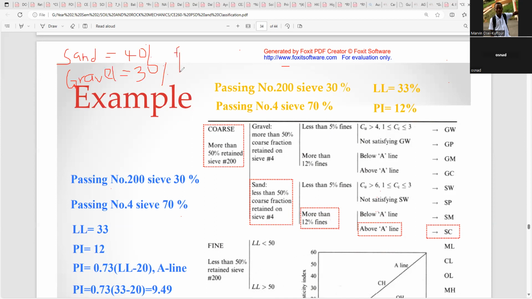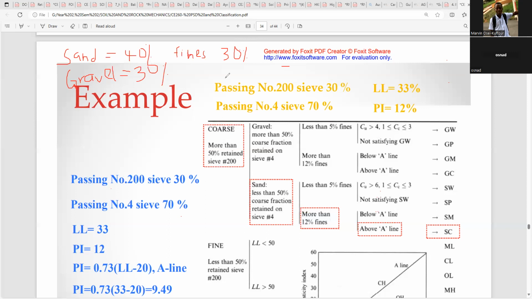So after getting them, you write them somewhere like this, or however convenient it will be for you. So fines 30%.